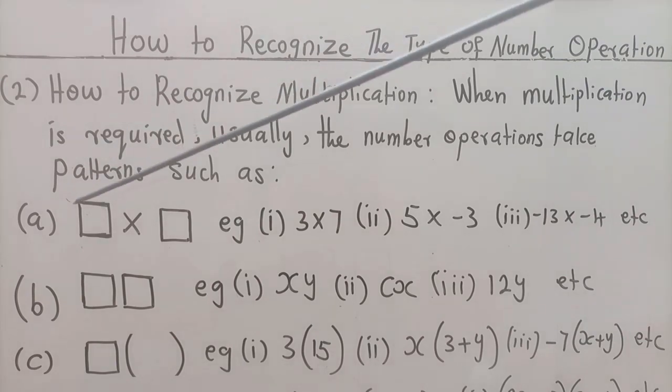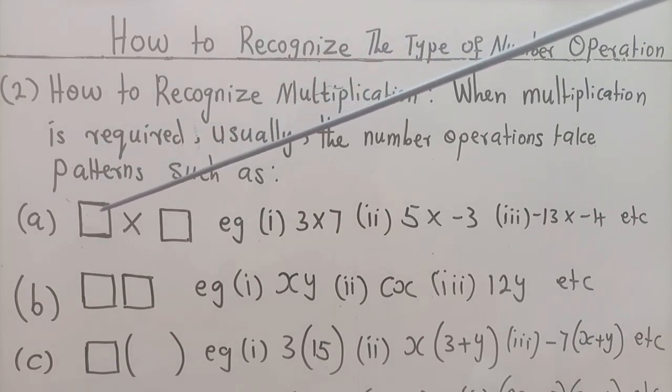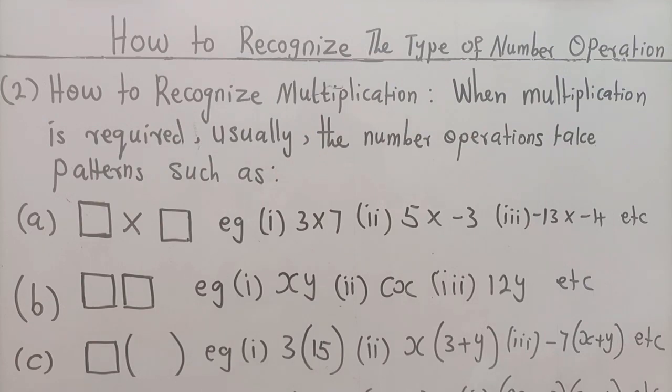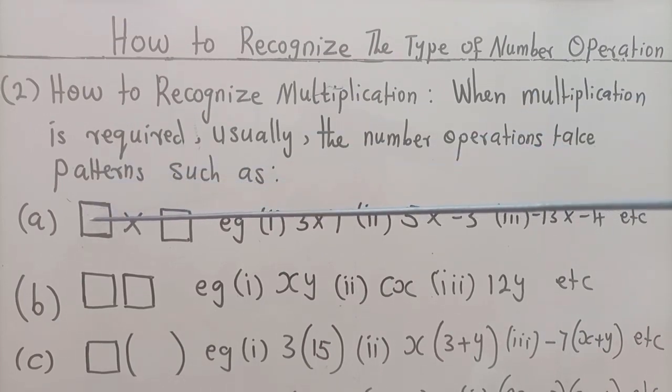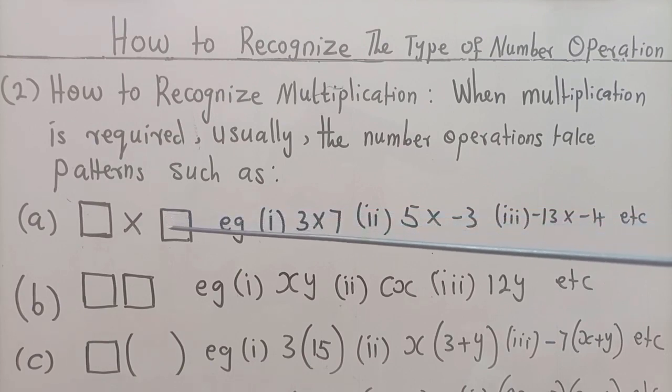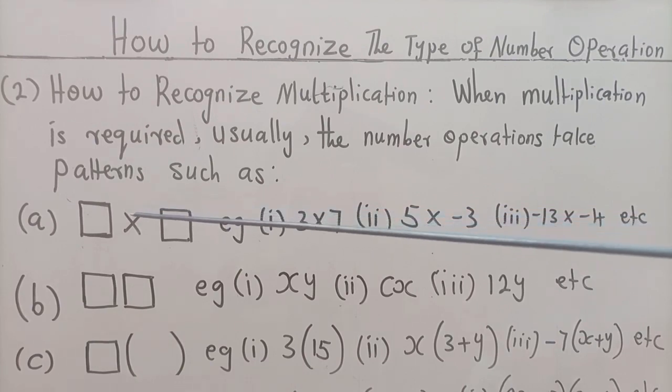Look at this first one. Box times box. Please permit me to use box to represent a number or a term. That is a number here or a term here. That is also a number or a term here. And then between them is this sign.